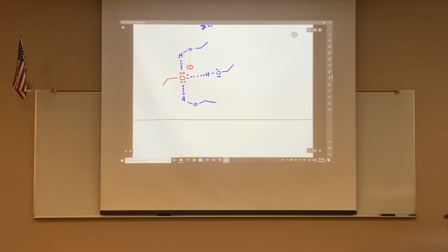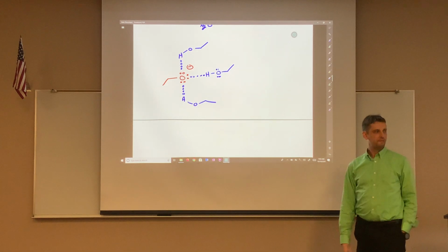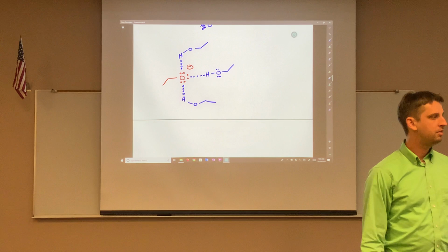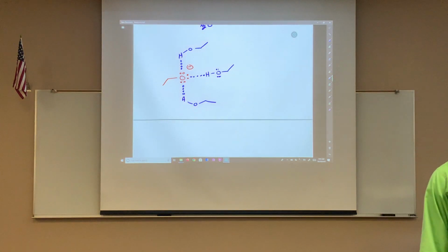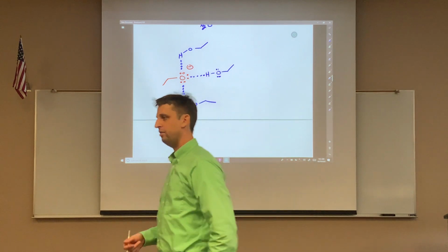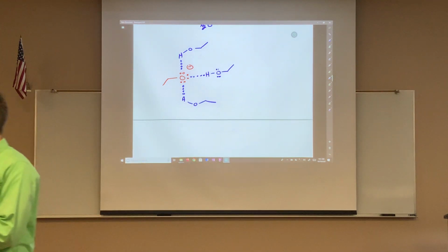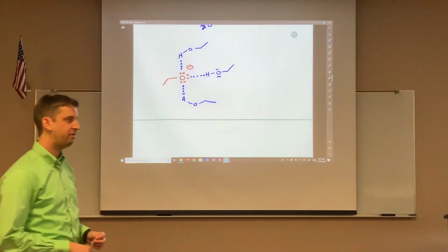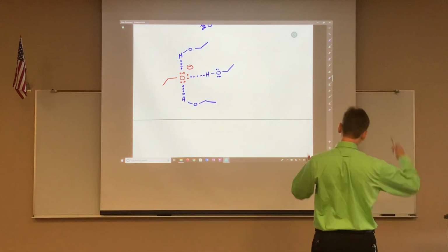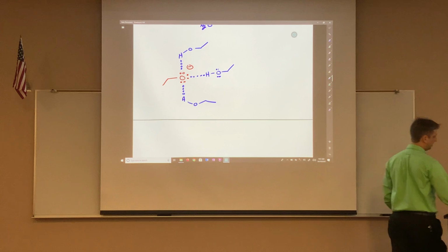Well, those hydrogens in blue are feeling pretty positive, aren't they? Are they going to be attracted to something negative? Yeah. So who cares? What impact would this have? So you got all these solvent molecules surrounding that negative.